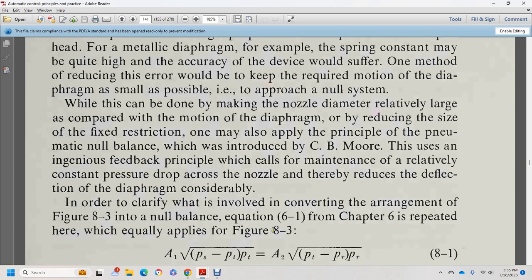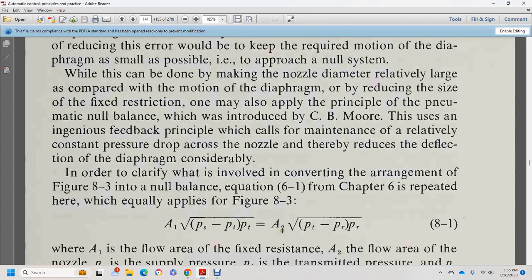In order to clarify what is involved in converting an arrangement of figure 8.3 to the null balance, equation 6.1 of chapter 6 is repeated here, and it equally applies to figure 8.3.